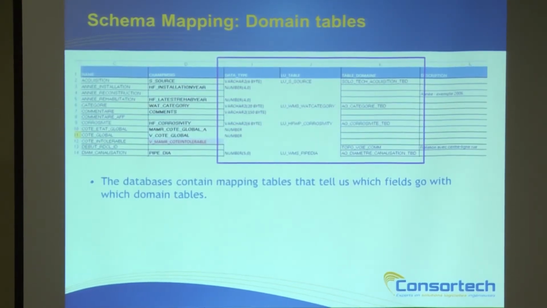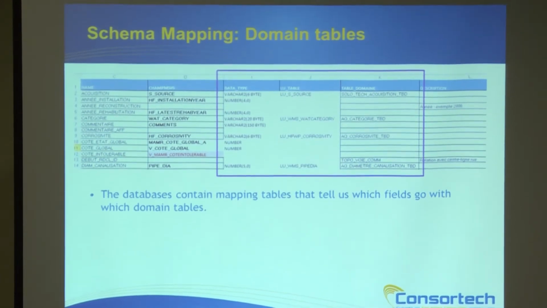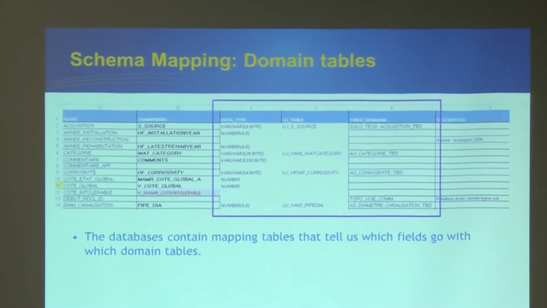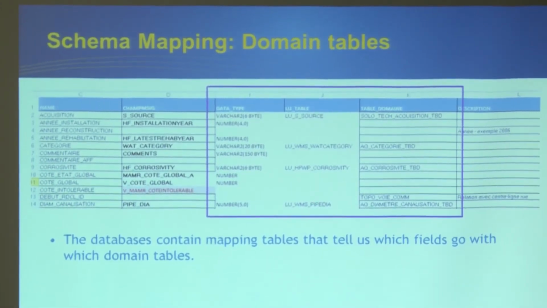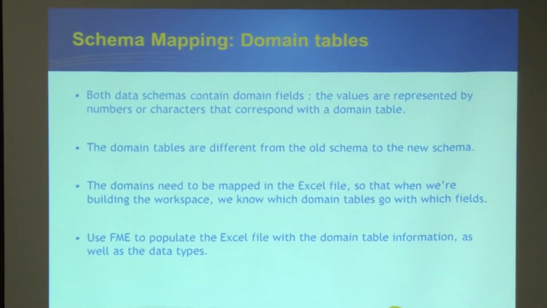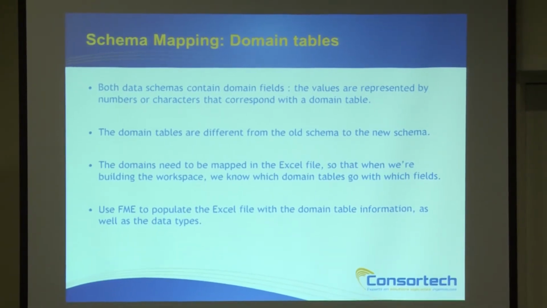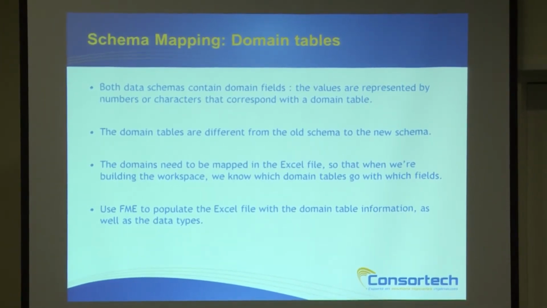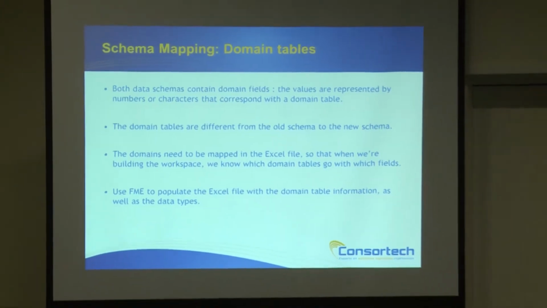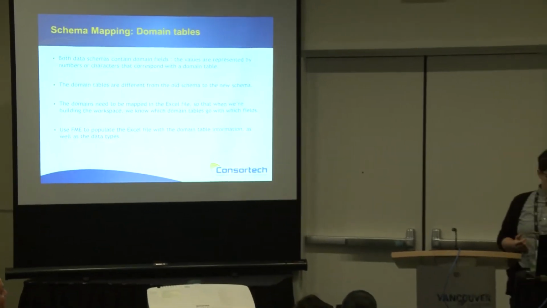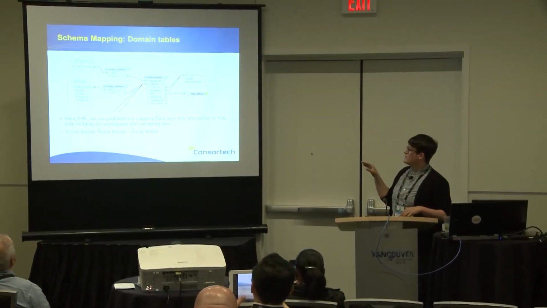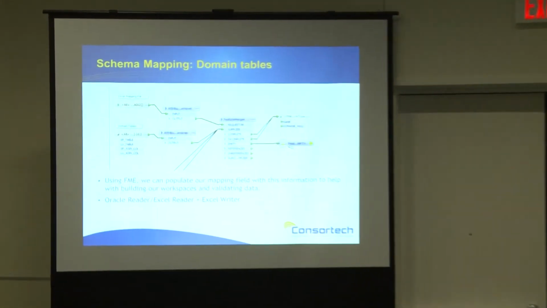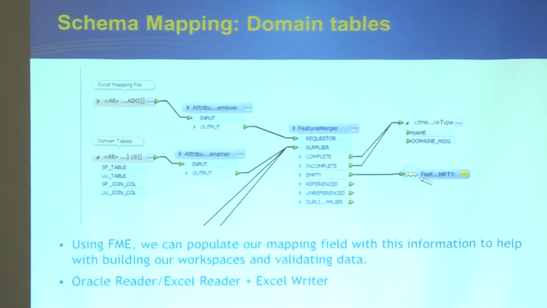We also used Excel tables for the domain tables. So we have the source lookup table, the destination lookup table, and the associated attributes. Both data schemas contained domain fields. One of them had characters, the other one had numbers. We had to map that using FME. This is a tiny little workspace that we built to populate the mapping field with this information.